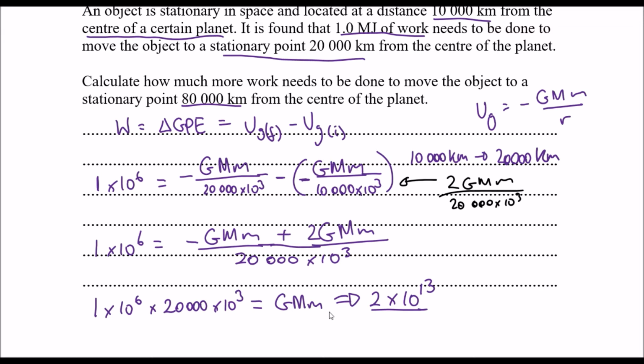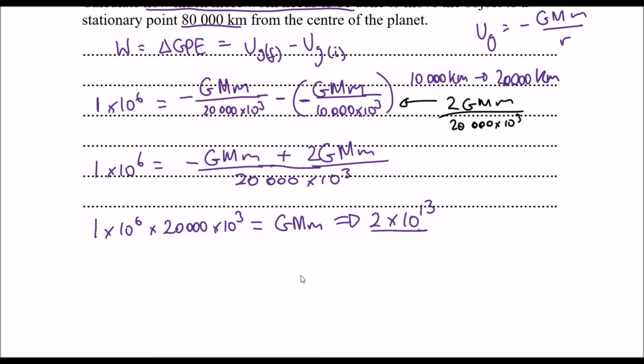Now we can work on how much work is needed to move it to 80,000 kilometers. It says how much more work needs to be done, so now we're looking at the scenario where we started at 20,000 and want to move it to 80,000. So we go from 20,000 kilometers to 80,000 kilometers. How much work was used in that process?